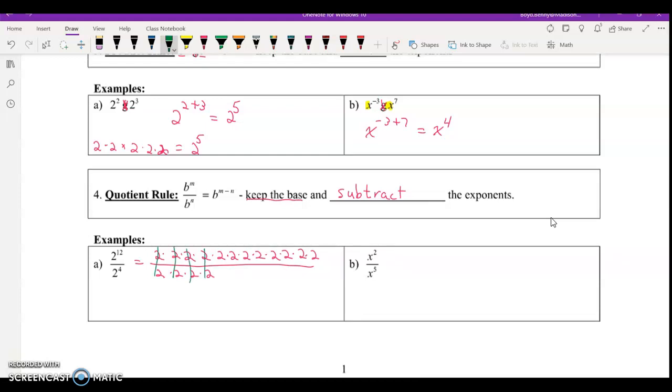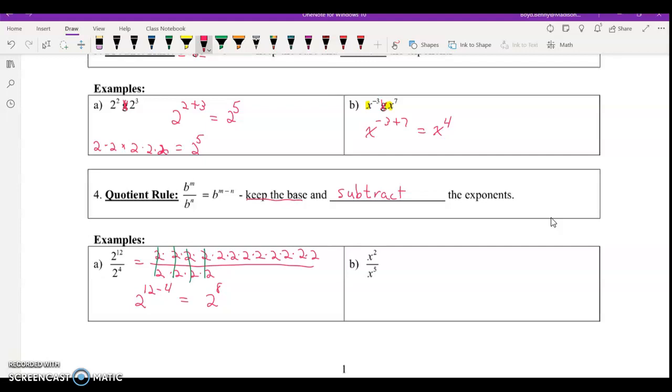So if I cross out my 1's, because 1 times 1 times 1 times 1 times 2 times all that, then I know that my final answer is going to be 2 to the 8th power. So we can see that that rule works out so that we have 2 to the 12 minus 4, and that's going to equal 2 to the 8th power. Notice I keep the base the same, subtract those exponents.